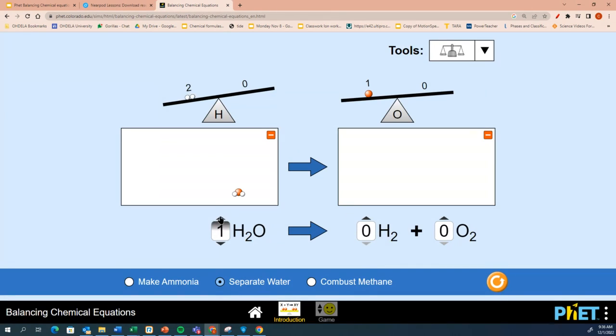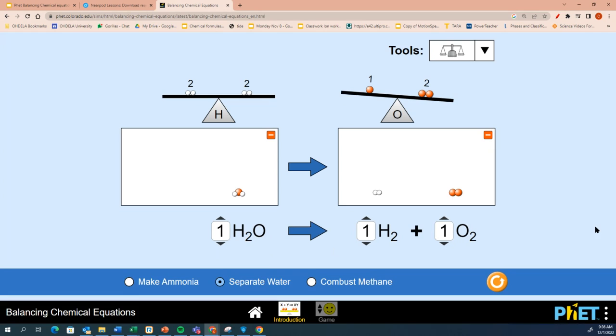Go with the 1 and the 1. Okay, so notice that we're off balance here. The hydrogens are balanced, the oxygens aren't.